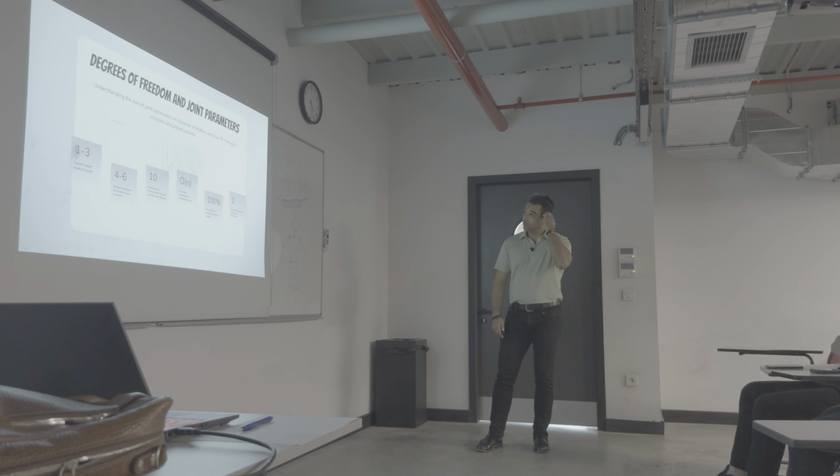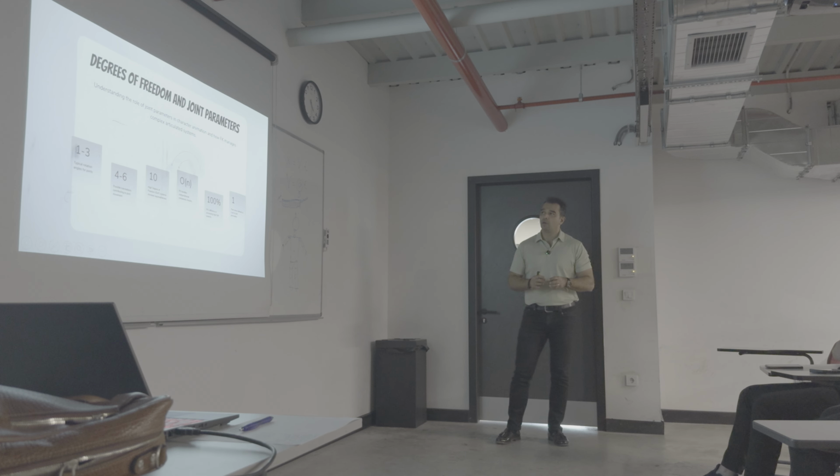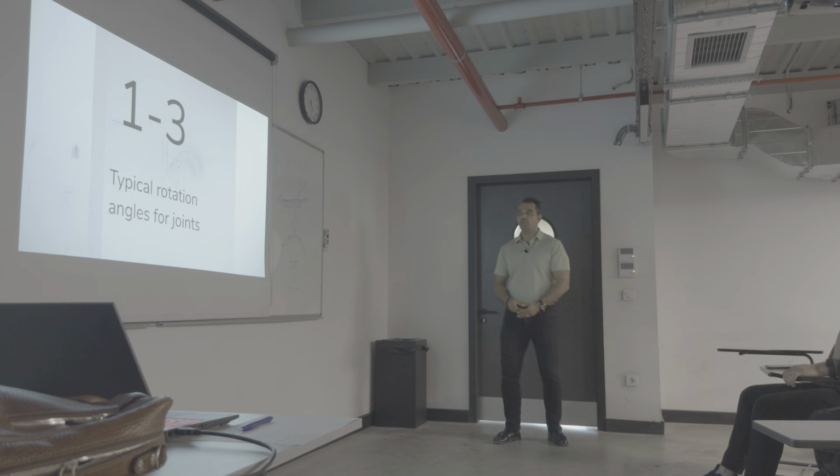When we come to the degrees of freedom for the role of joint parameters, we have to manage the complexity of the degrees of freedom. Forward kinematics provides this process to us. For example, the typical rotation angles for joints are 1 to 3.